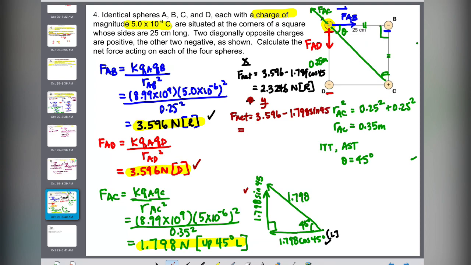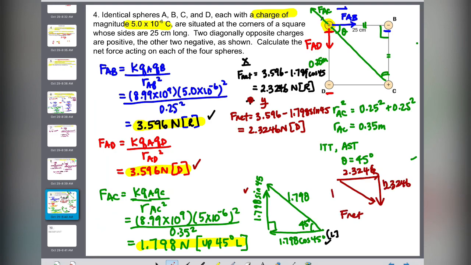And it should be the same value because it's the same thing. So 2.3246 newtons. That is going down. So finally, when I have these two, one is going to the right, one is going down. They're both the same, so then now I can find out what my resultant is.